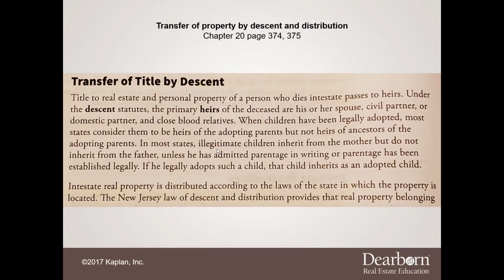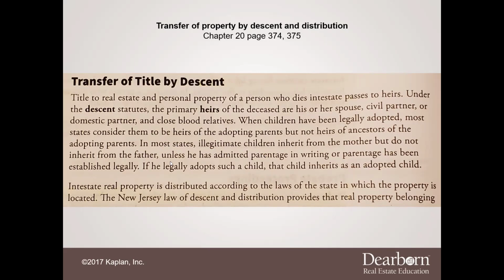Okay, what's an illegitimate child? It is one where your parents were not married when you were born. In Game of Thrones terminology, you are the bastard child. Okay, a lot of people understand that. Now, in most states, illegitimate children inherit from the mother, but they do not inherit from their father.